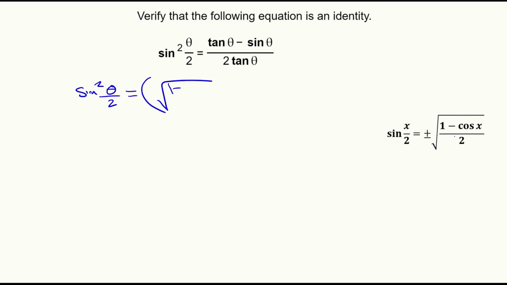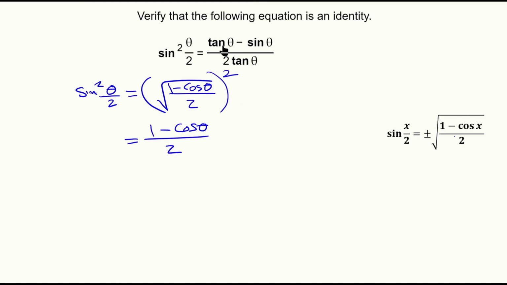So square root of 1 minus cosine theta over 2, and we're going to go ahead and square that. So that's going to give us 1 minus cosine theta over 2.